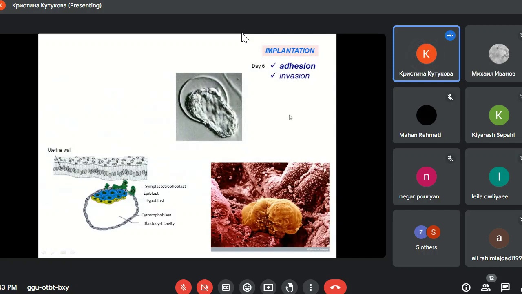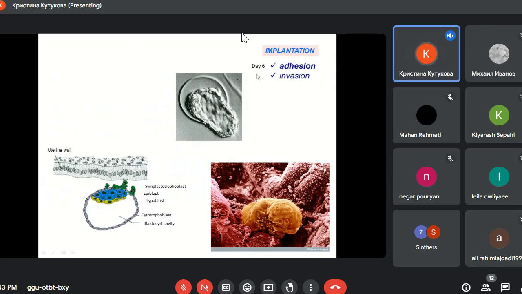And next, starting from day 6, the implantation happens. Implantation is the integration of the embryo into the wall of the uterus of the mother. Implantation has 2 stages: adhesion and invasion.